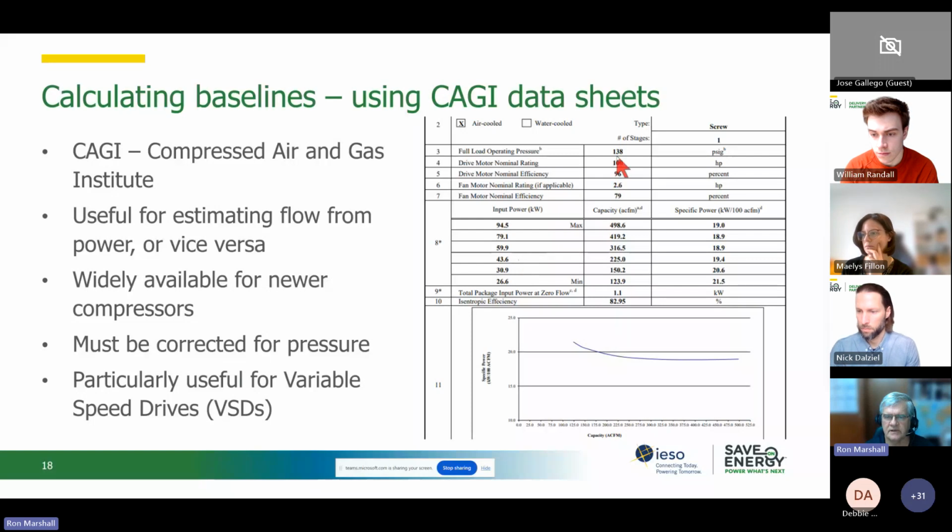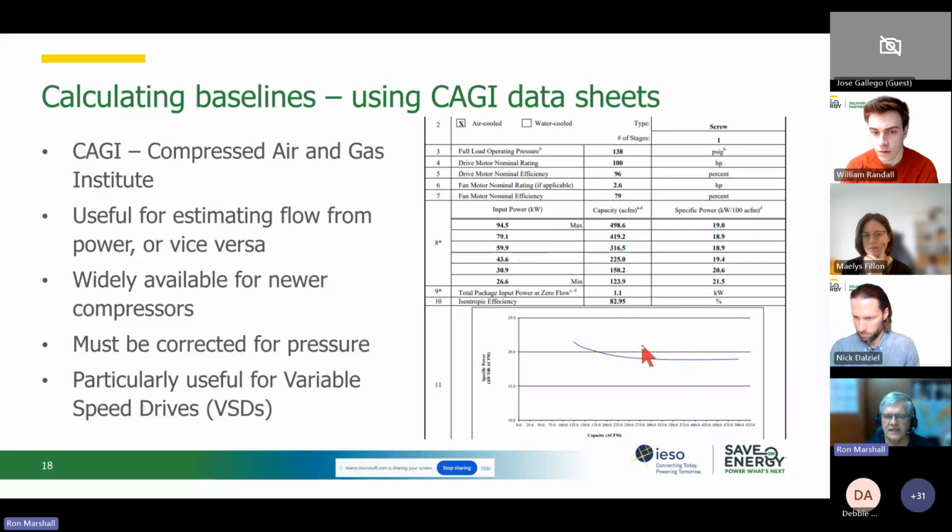Because this compressor here has been tested at 138 psi, when you might be running this compressor at 100, right? So there's a difference of 38 psi. And as we'll learn in the next few slides, the power consumption of a compressor per unit output increases 1% for every 2 psi increased discharge pressure.